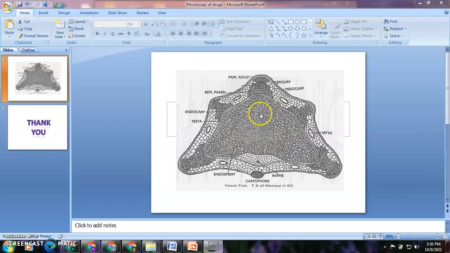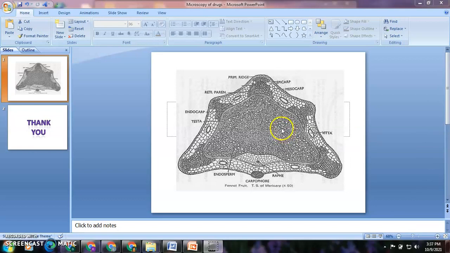The endosperm consists of thick walled polygonal parenchymatous cells, where these cells contain oil globules, especially fixed oil globules, then aleurone grains and calcium oxalate crystals.